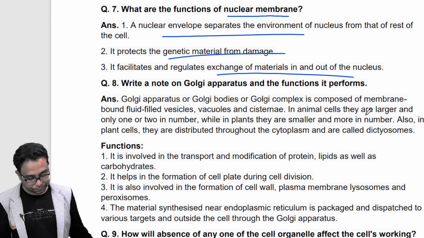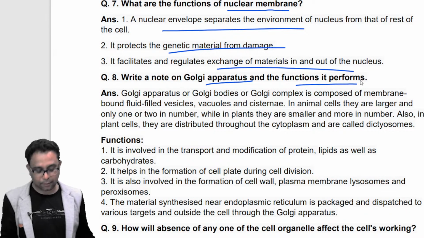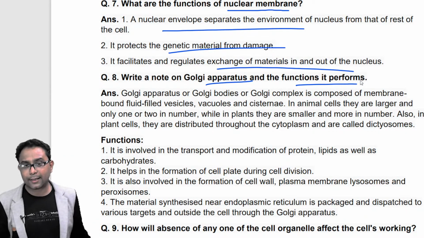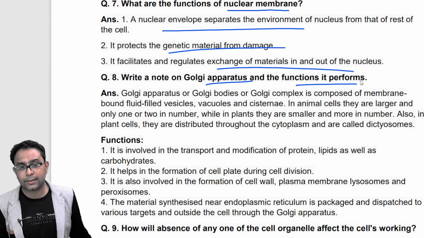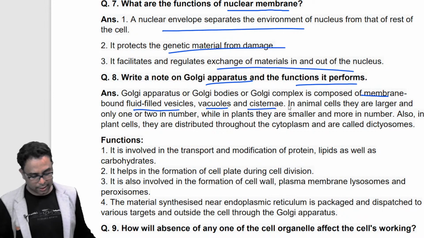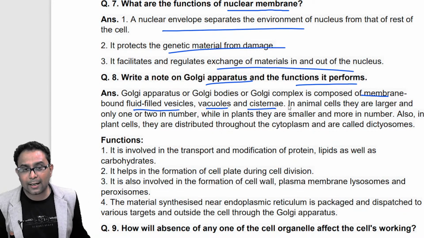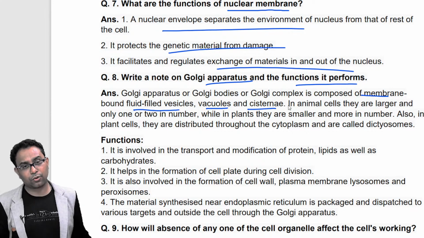Next question, write a note on the Golgi apparatus and the function it performs. The Golgi apparatus is also called Golgi bodies. It is a membrane bounded, fluid filled structure of vesicles, vacuoles and cisternae. In animal cells, they are larger and only one or two in number.